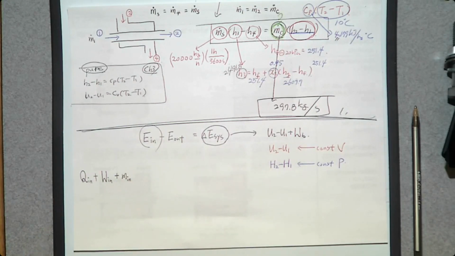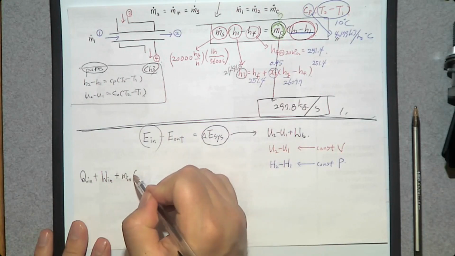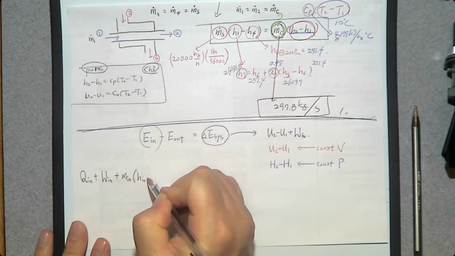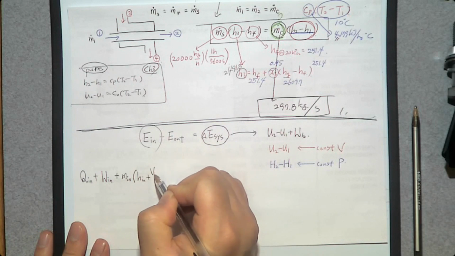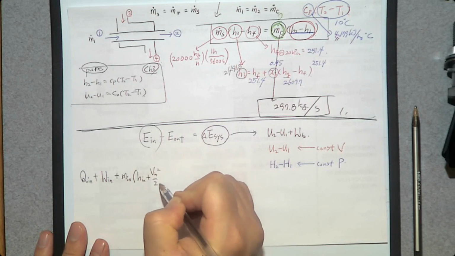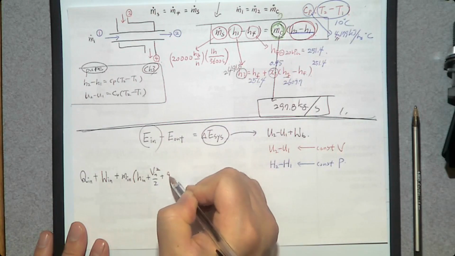And this mass has three forms of energy: enthalpy, kinetic energy, and potential energy.